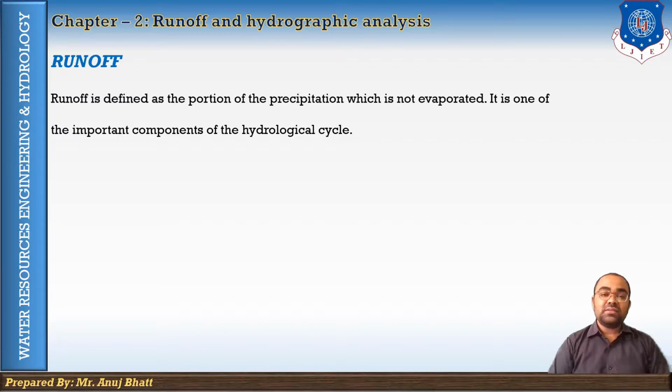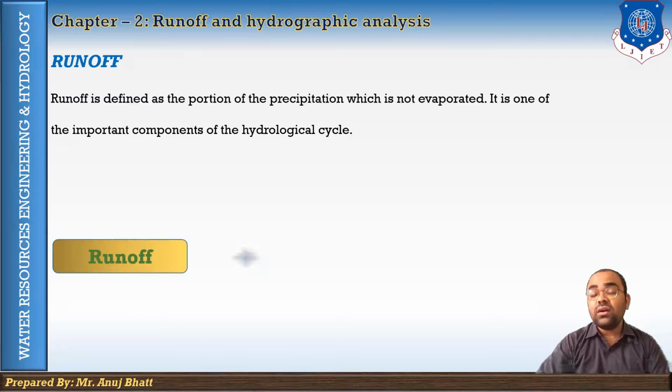It represents the output from the catchment in a particular unit time, and the runoff of a catchment area in any specified period is the total quantity of water that is draining into the stream or into the reservoir.